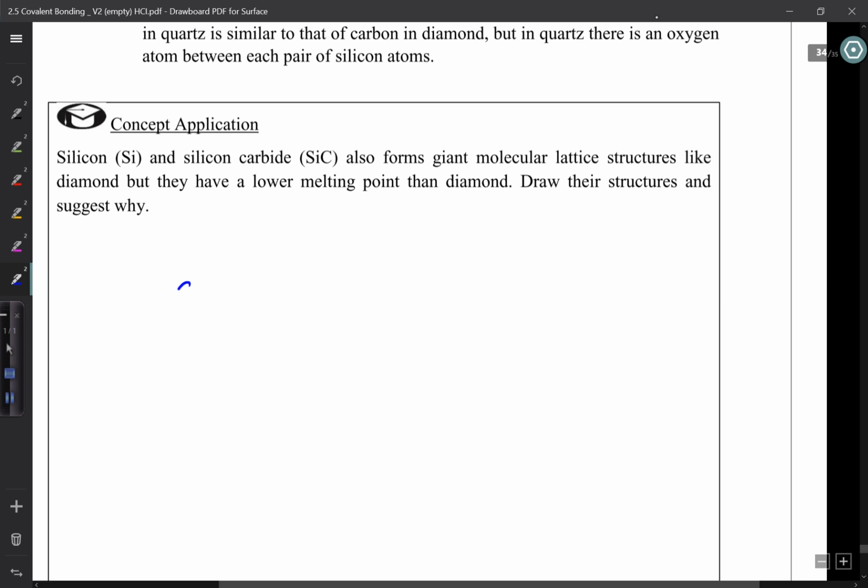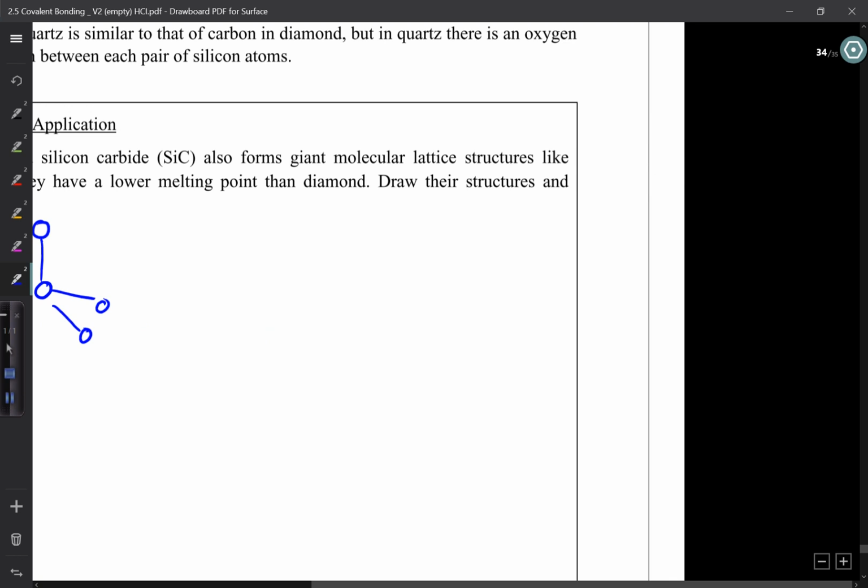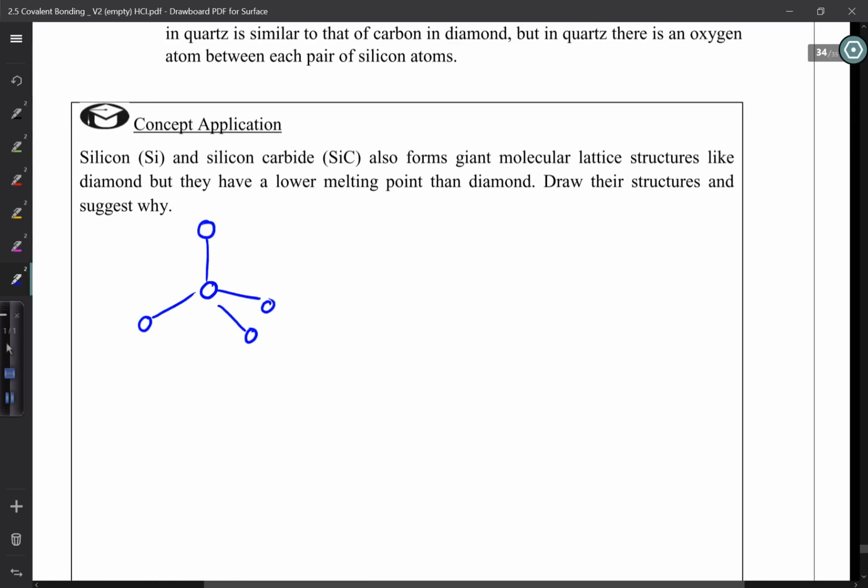So I expect them to form the same kind of structure. So basically you just have to draw the same thing, right? And you can extend it out. Right, and so on. So each of these is a silicon, right, instead of a carbon. So that's the structure of silicon.